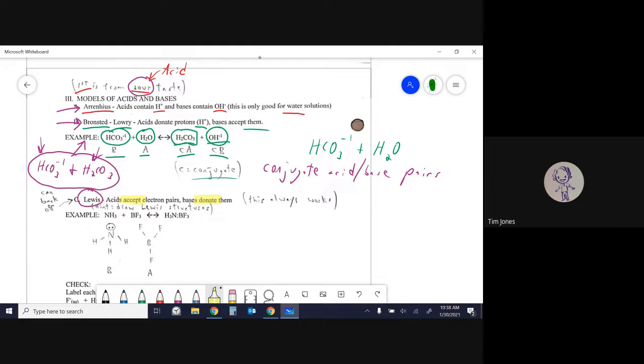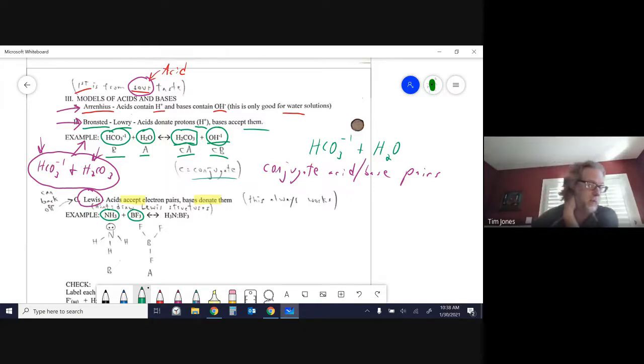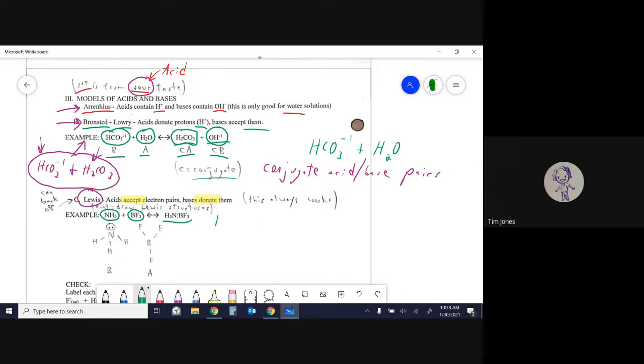For example, take ammonia, which we know is a base, and BF3, boron trifluoride, which at first you probably wouldn't know what it was, but it's got to be the other thing. It is going to form this right here, and the reason it's written like this, as opposed to not showing that electron pair, is it's just emphasizing the fact that the ammonia is donating or sharing an electron pair with the other molecule.